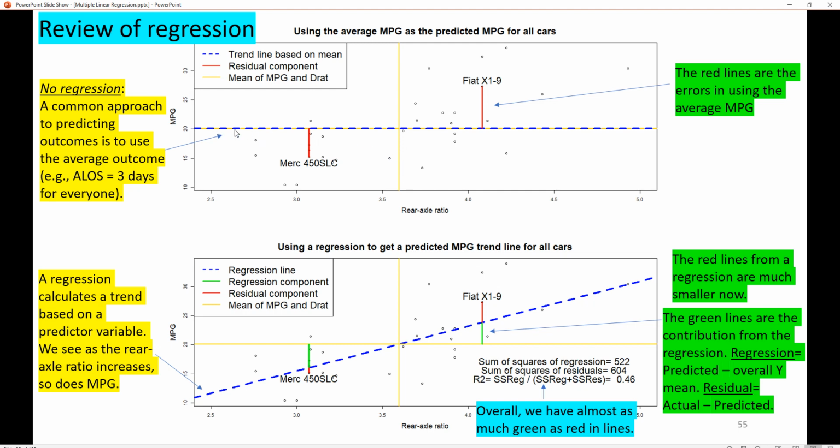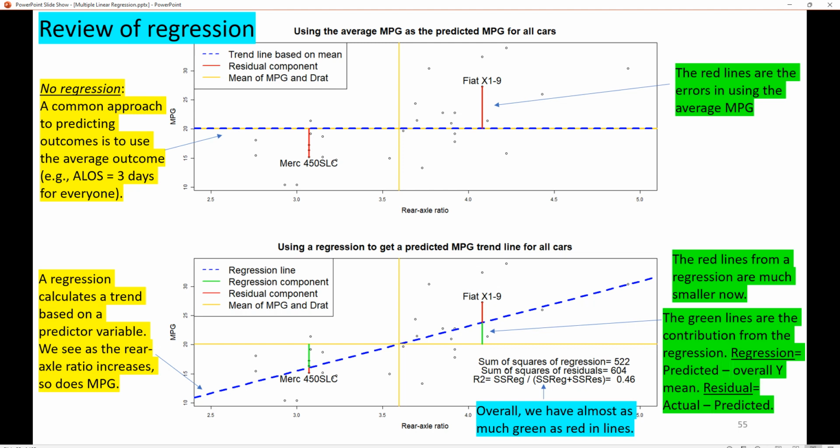And we see a blue dashed line that overlays that average for the miles per gallon for our outcome. And that blue dashed line is our trend line based on a mean. So this could be our default model.